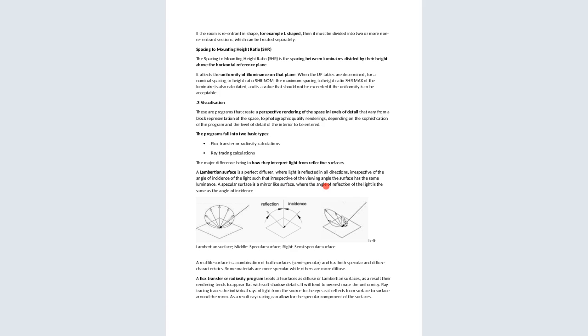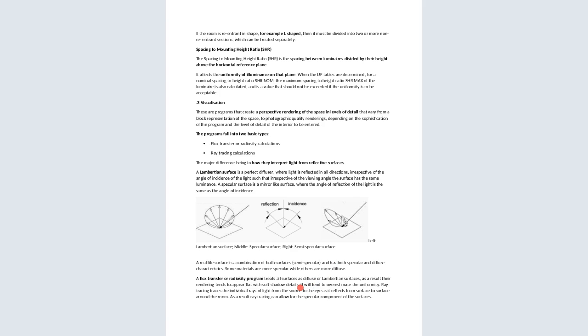A specular surface is a mirror-like surface where the angle of reflection of the light is the same as the angle of incidence. You can see this on the bottom surface, the middle is specular, and the right is the semi-specular surface. So the real life surface is a combination, semi-specular, and has both specular and diffuse characteristics. Some materials are more specular while others are more diffuse.